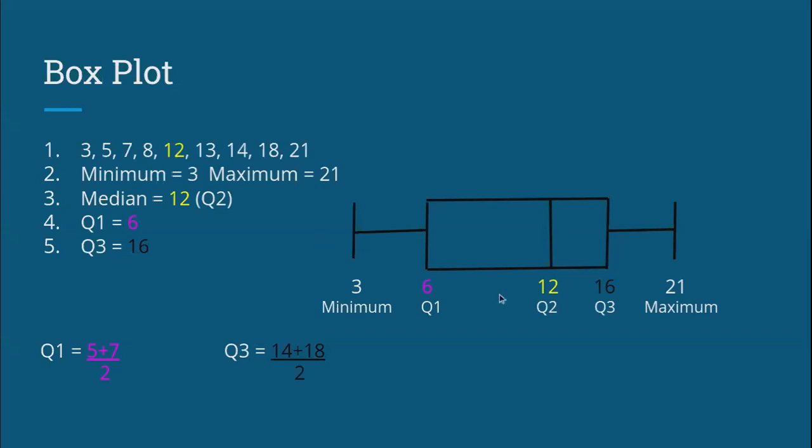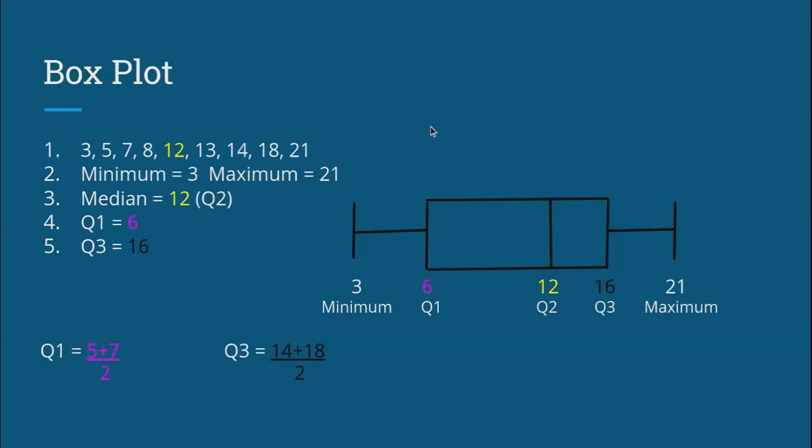So, because the median of our data set is 12, 12 is closer to the median of the upper half of the data versus the lower half of the data. So you should have the median close to that end of the data.